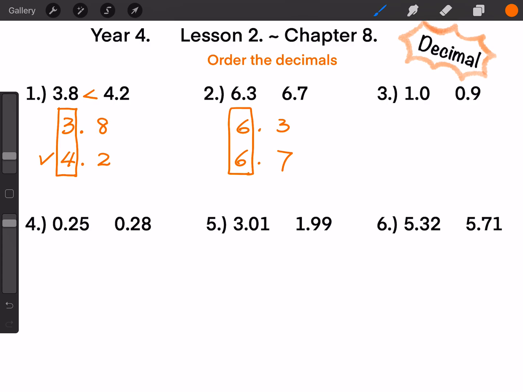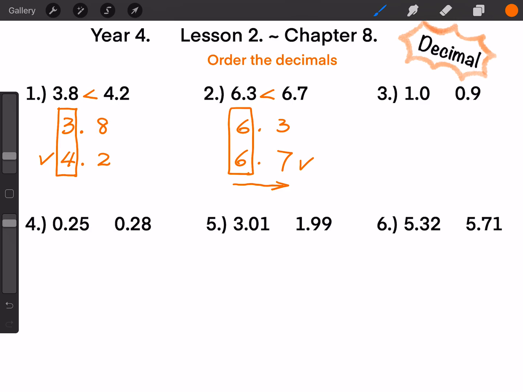What should we do? Then we move towards the right. On the tenths position, 3 is smaller than 7. So 6.3 is smaller than 6.7.